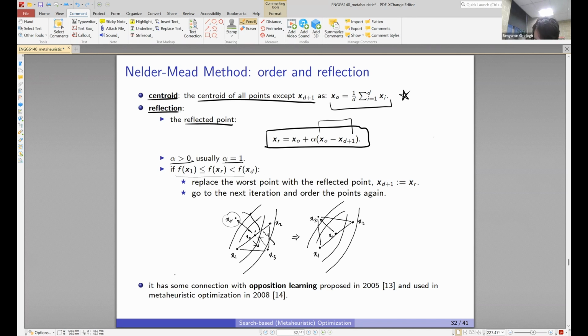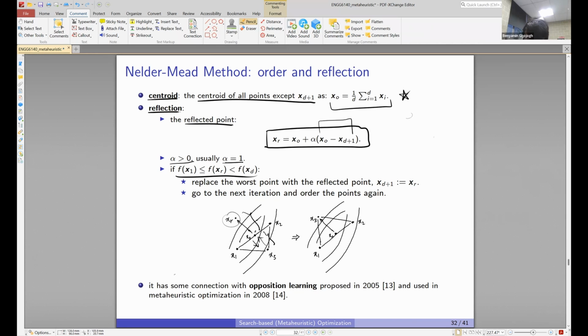Okay, this reflected point has 3 cases. The function value in this reflected point is either between the best point x1, the best corner, and the worst corner, which is xd, or its function cost value is better than x1, or less than x1, or it might be greater than xd.